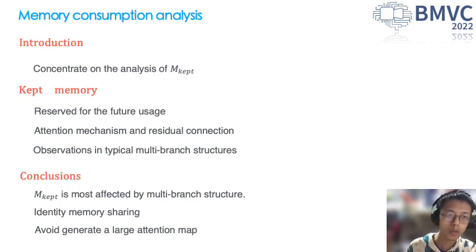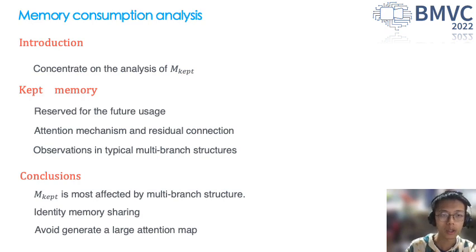In this section, we focus on the memory consumption analysis. We concentrate on the analysis of kept memory, which is reserved for future usage and is widely known in the attention mechanism and residual connection.